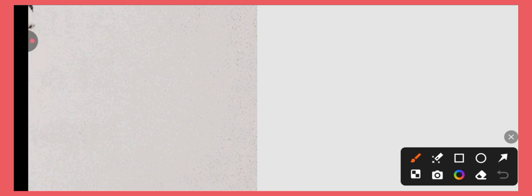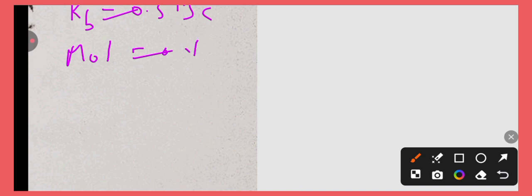Given that Kb is 0.513 degrees Celsius, mole equal to 0.1, solvent is 200 gram.